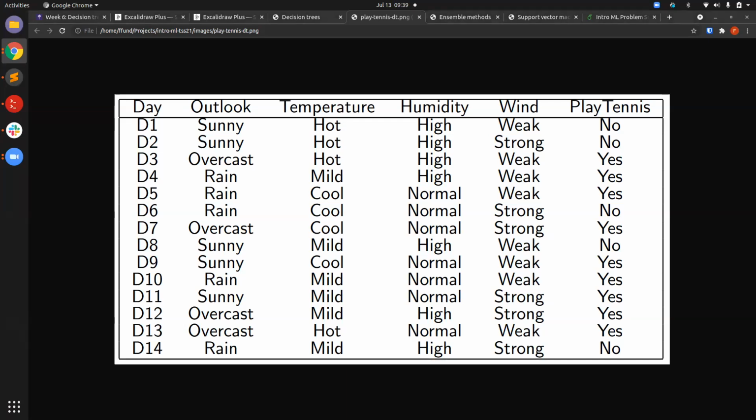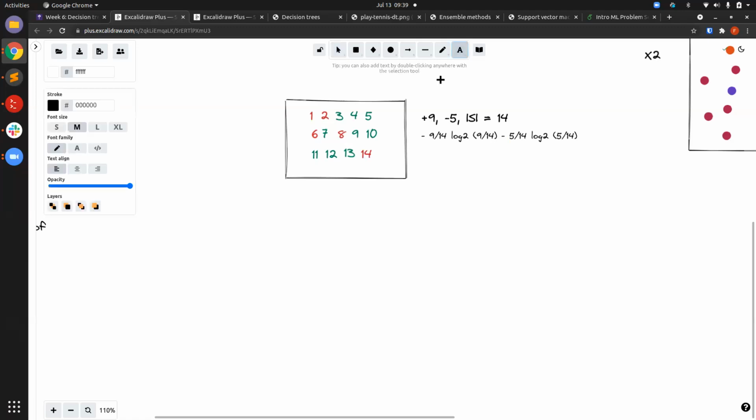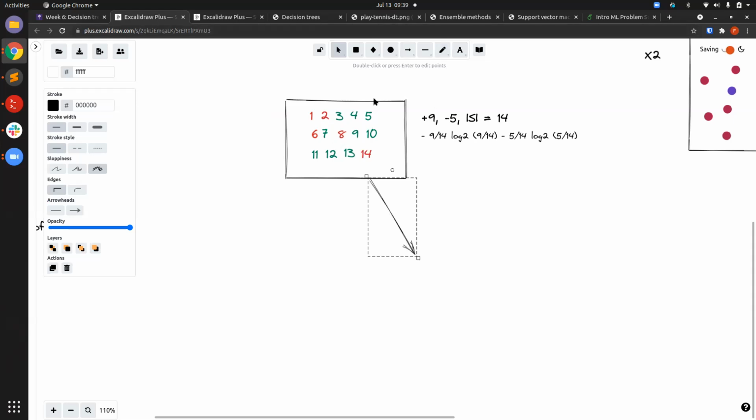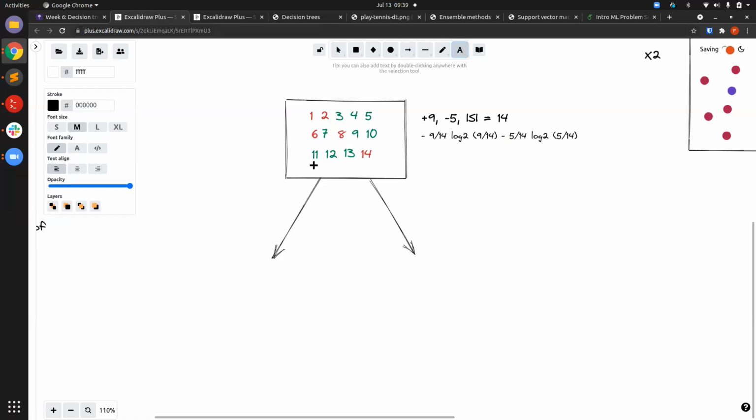Let's suppose we want to evaluate the effect of splitting on wind. So I have 2 choices. I can split on weak wind or strong wind, meaning I have 2 branches here: a weak wind branch and a strong wind branch.